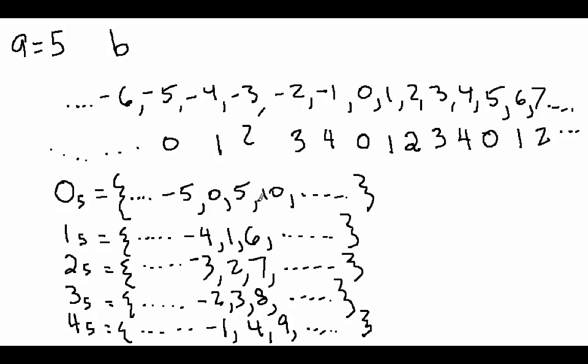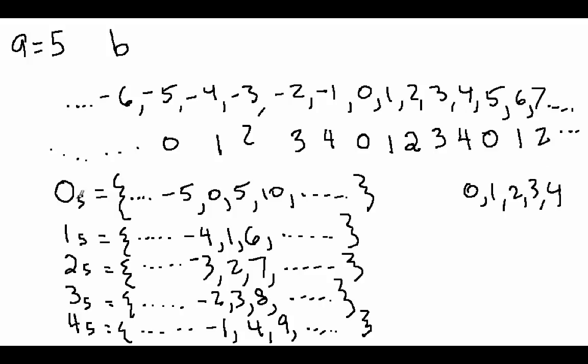A couple of things to note here. Notice that when I've taken 5 to be my divisor and I break these up into these sets of remainders, I get 5 different sets. Basically what we're saying is that whenever we divide an integer by 5, it's going to have a remainder of either 0, 1, 2, 3, or 4.